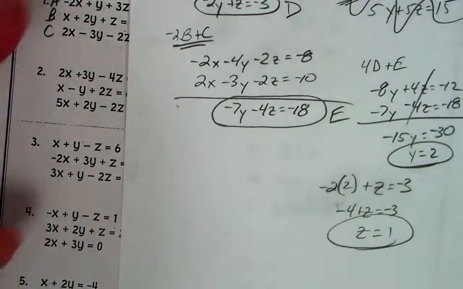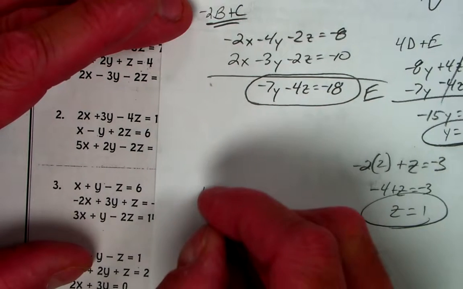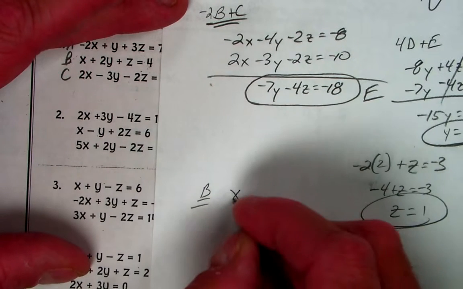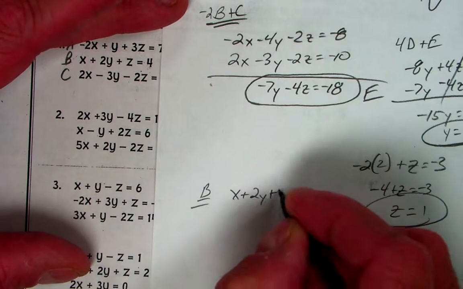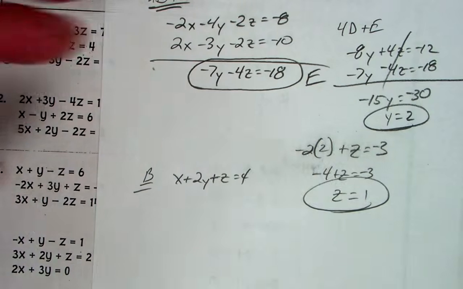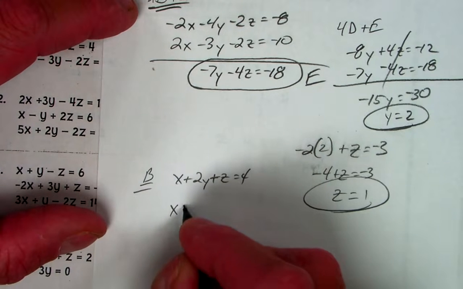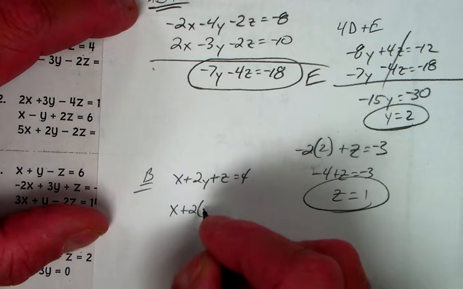So let's go back to our easiest equation. If I use my equation b, which is x plus 2y plus z equals 4, I can plug y and z into it very nicely. X plus, you're okay, just stay organized.